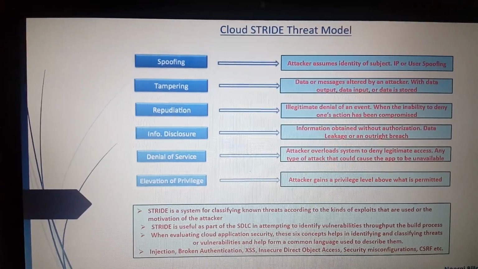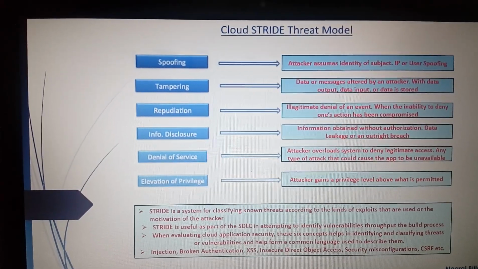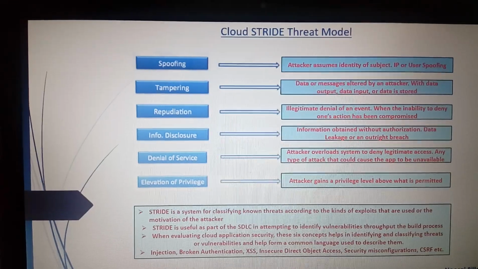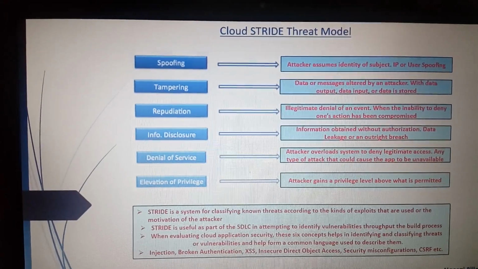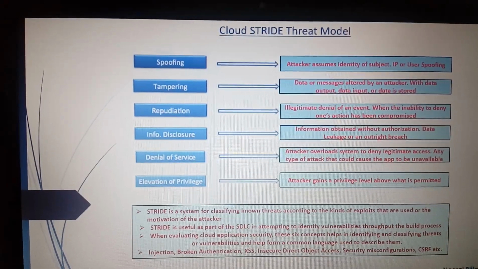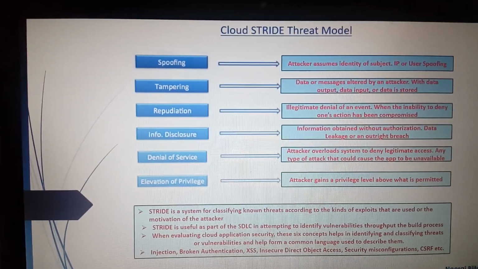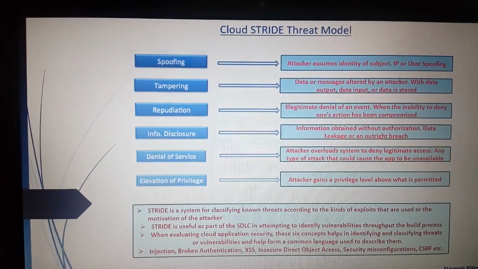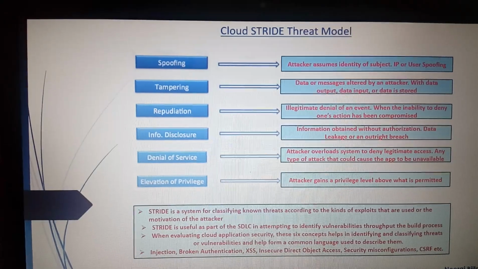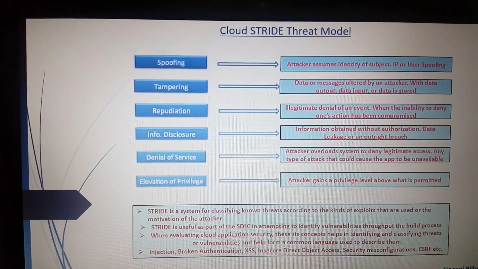A user wants to access your application by spoofing your IP address. Some applications can be accessible from external, and some applications can be accessible only from a defined IP address. So somebody can spoof your IP address, and then it's an attack, a complete spoofing attack on your applications, right?